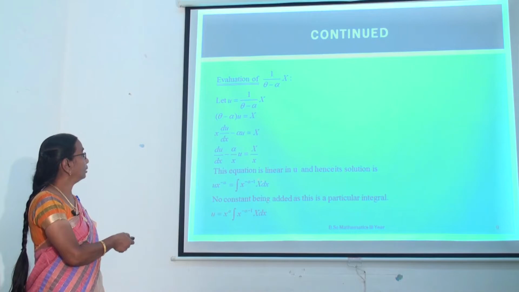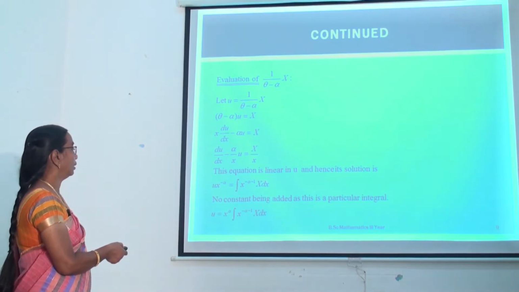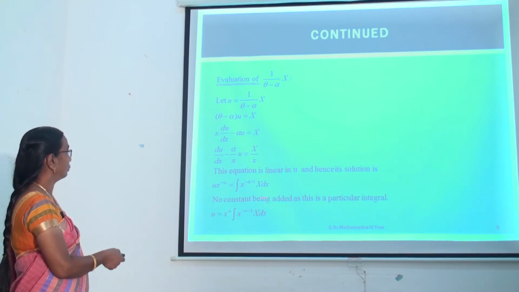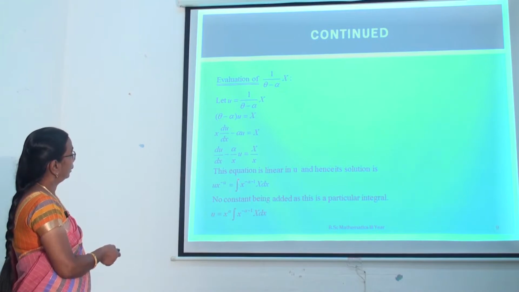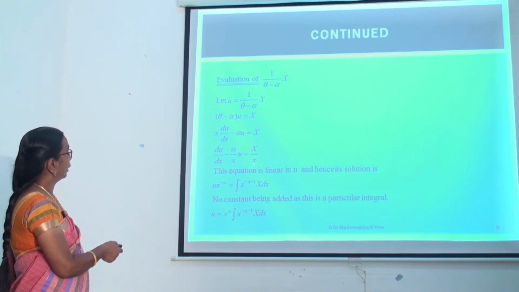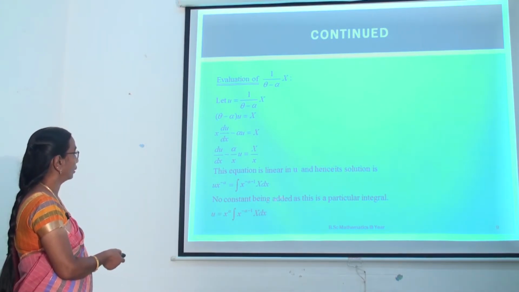That we have seen in the linear differential equation, where we apply that procedure. You will get u into the integrating factor, and then the integrating factor into the right hand side dx. Here, since we are finding a particular integral, no need to add a constant.